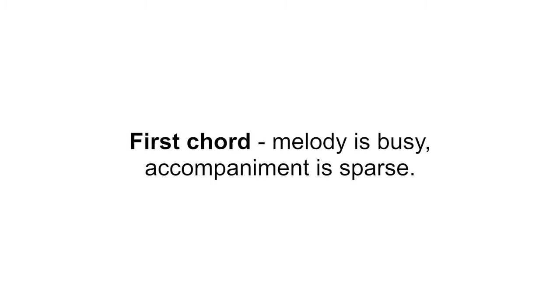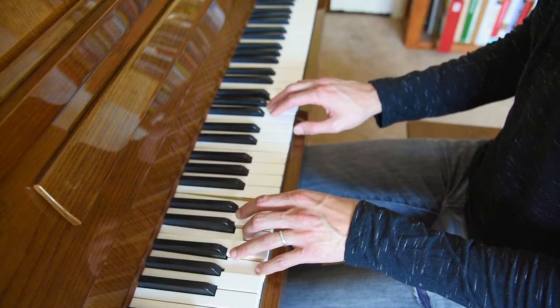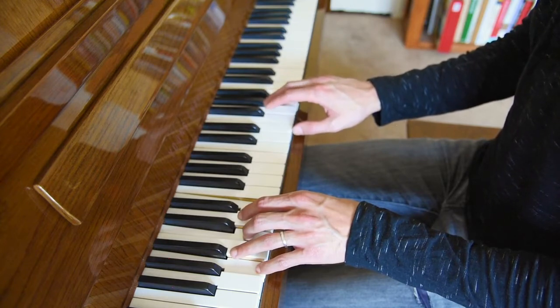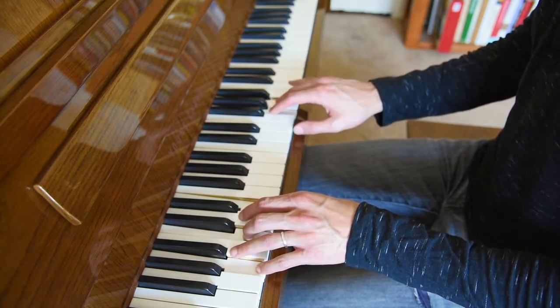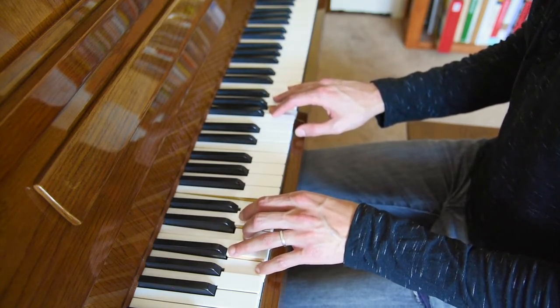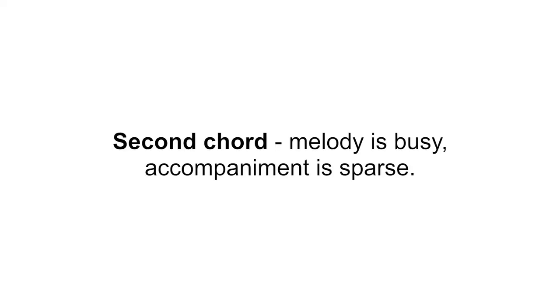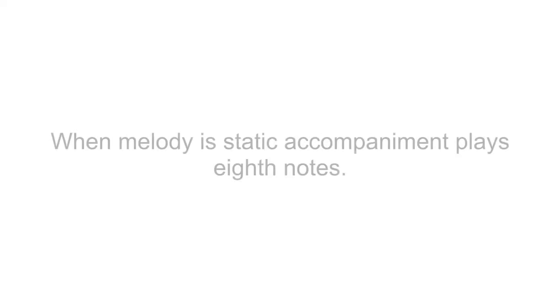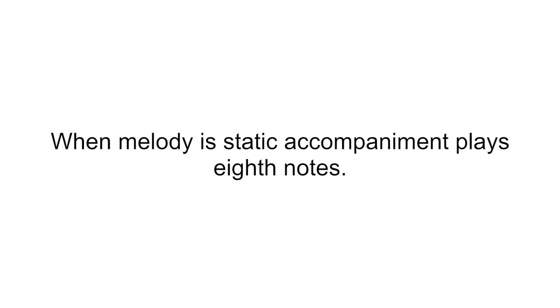On my first chord, my melody in my right hand is a little busy, so my left hand, the accompaniment, is just holding down whole notes. On the next chord, again, my melody starts with kind of a busy phrase and eventually holds on the note F. When the melody is static, the left hand then plays a small descending eighth note type figure.